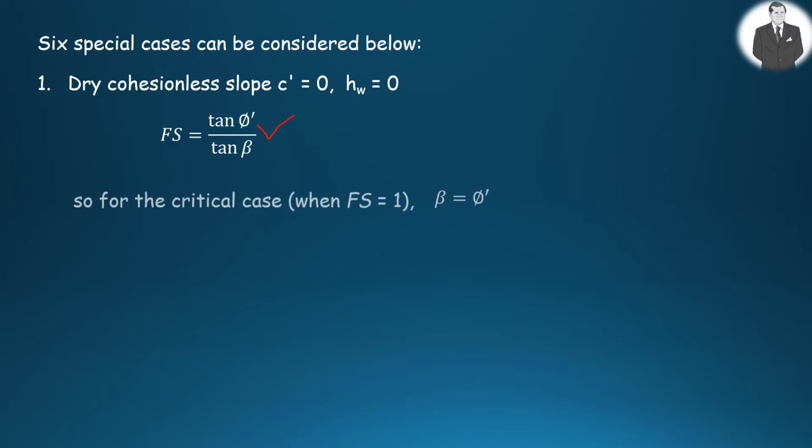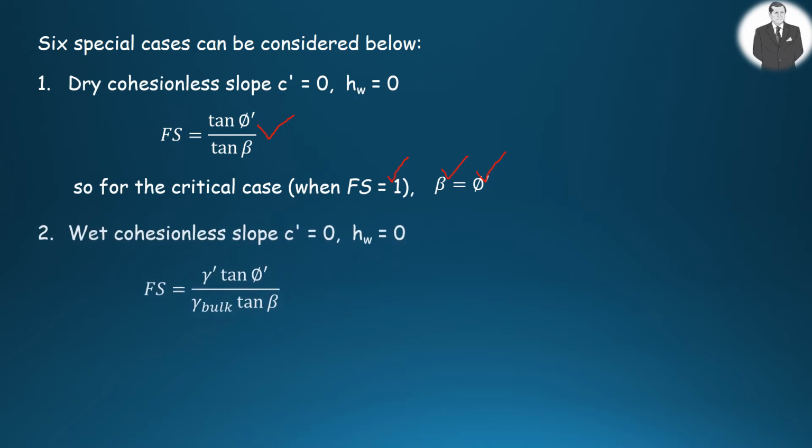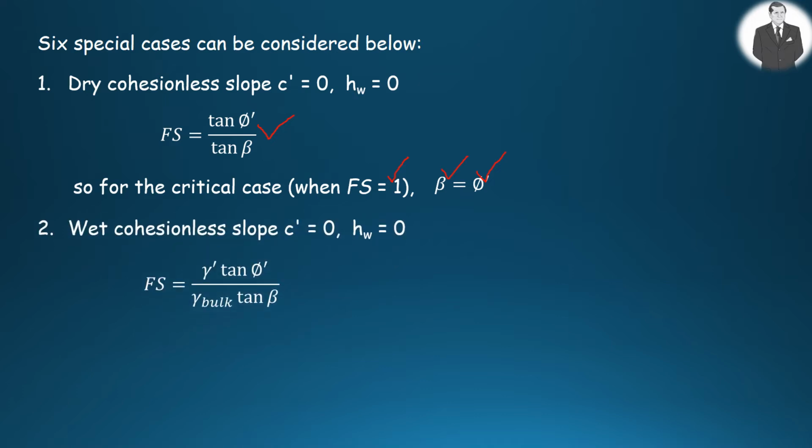So for the critical case, which means when the factor of safety is equal to unity, then beta is equal to phi prime, which means that the angle of slope is equal to the internal friction of the soil mass forming the slope.